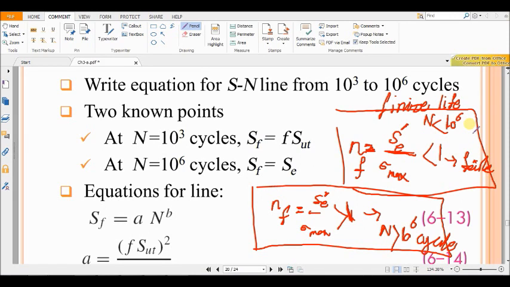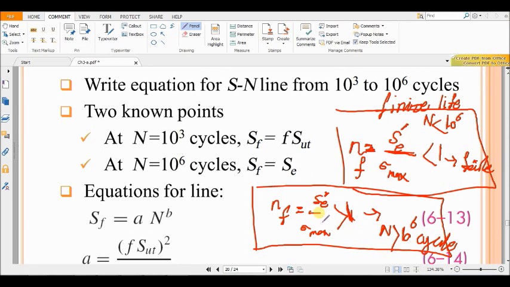So now the procedure is like this. First, you have to find the endurance strength of a material. You have to find the maximum stress, and then you need to check whether it has finite life or infinite life. This is the first thing that you need to do to find the fatigue safety factor of the part.